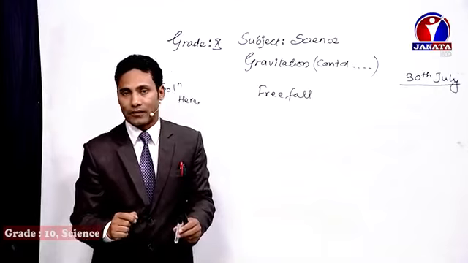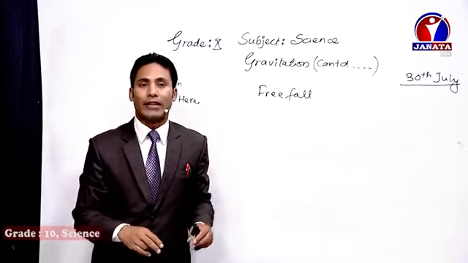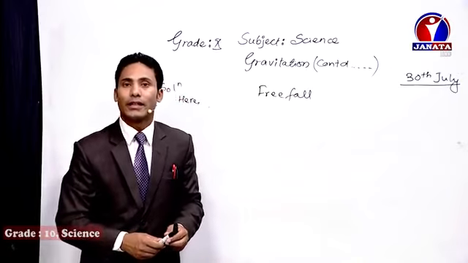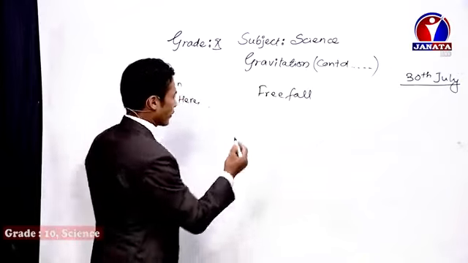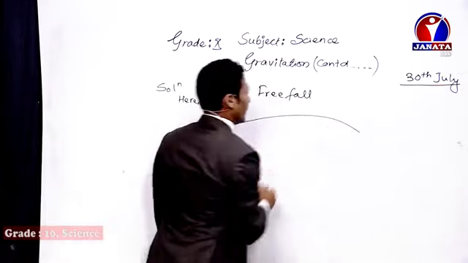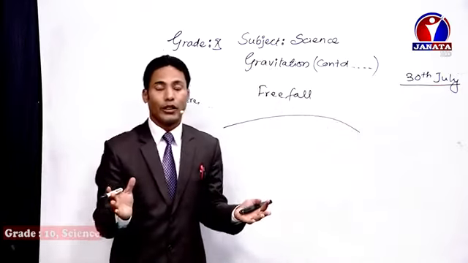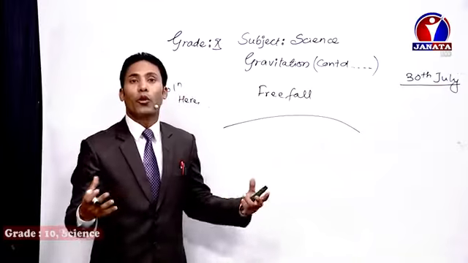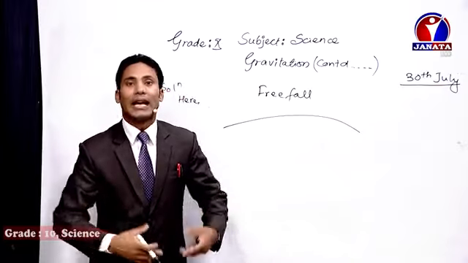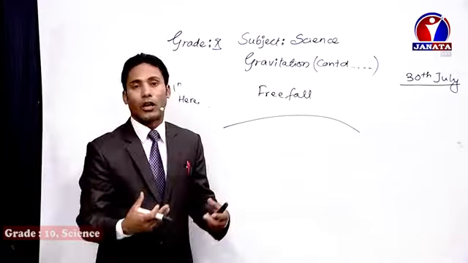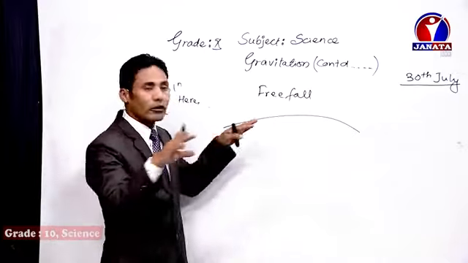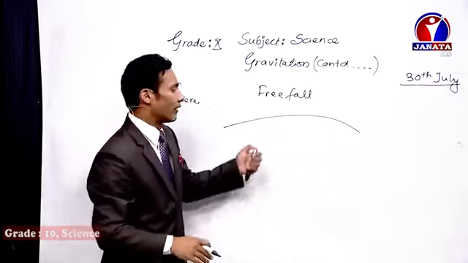That's why more cross-sectional area influences the acceleration of the freely falling object. So in the case of parachute, it is designed with more cross-sectional area, so that more air resistance acts on it, and the velocity of the falling object remains constant. For that, the more cross-sectional area is made in the parachute.